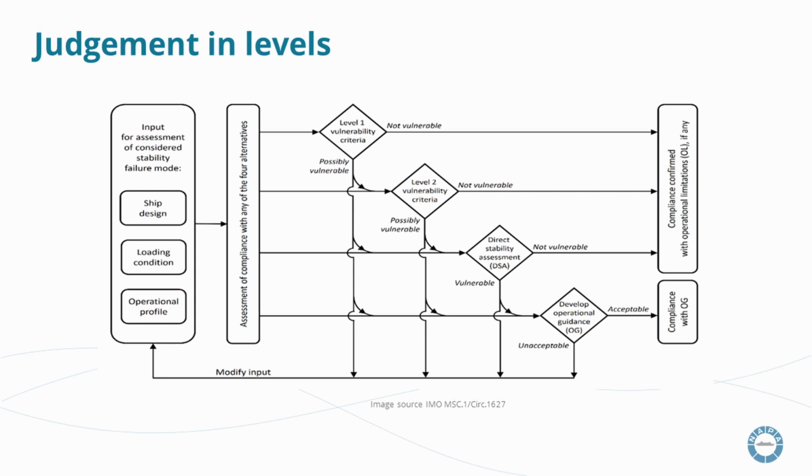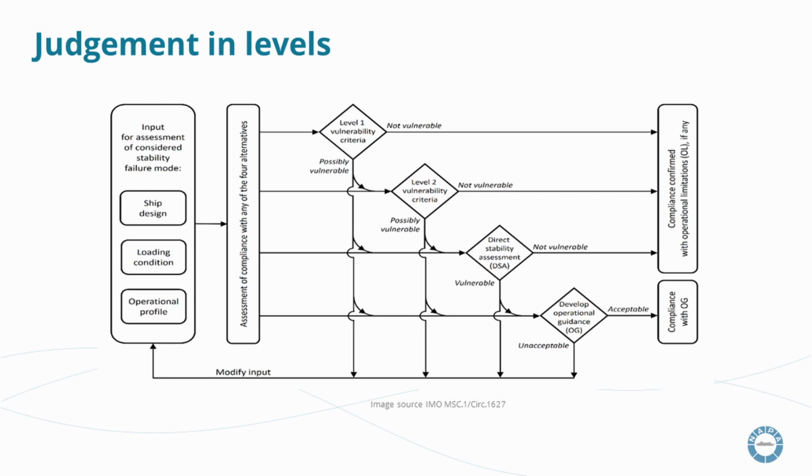If a ship does not pass level 1, it can move on to the next level, 2. If it does not pass level 2, it can move on to the next level, 3, or the direct stability assessment. By, for example, introducing operational limitations, such as limiting the operational area to, say, the Mediterranean, instead of unrestricted service, a ship can also prove compliance with level 2 using the different environmental conditions.